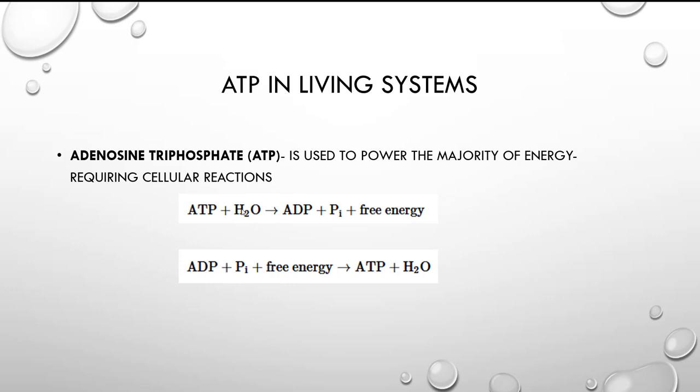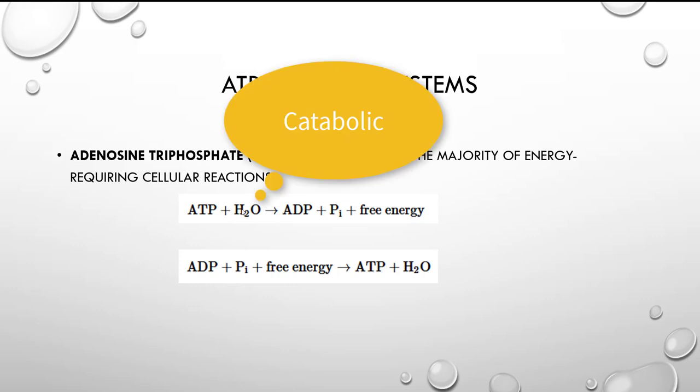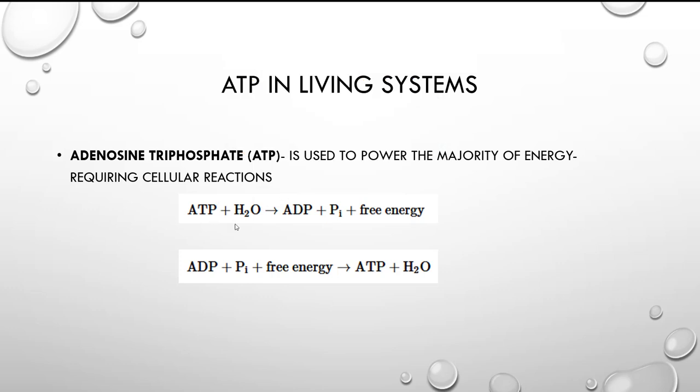This would be an example of a catabolic reaction because we're breaking apart a large molecule and releasing free energy. Remember, catabolic, cats, they break things and release energy in the process.